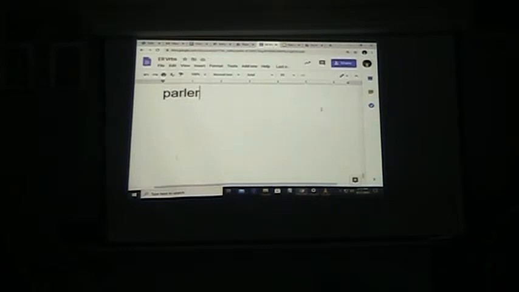Parler, everybody, means to speak. Has anybody ever heard this phrase, parlez-vous français? Oui, oui, je parle français. Est-ce que tu parles français? Oui, je parle français.